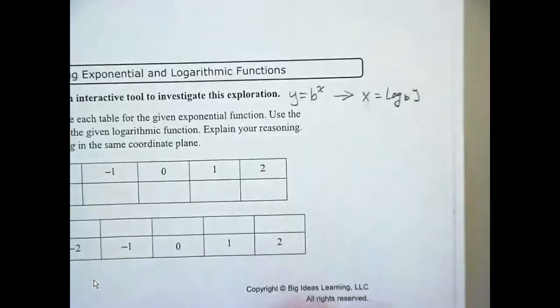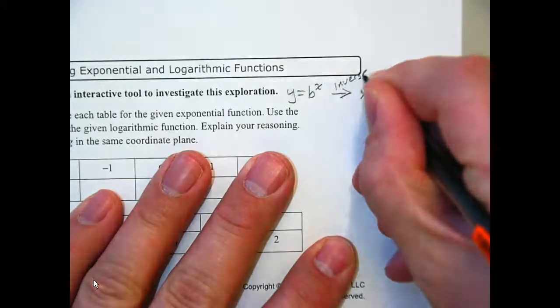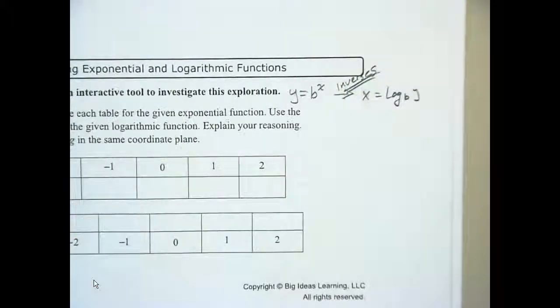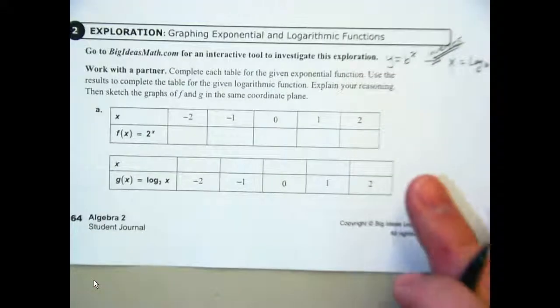What do you know about inverses? Good. You switch the x's and y's. If something's an inverse, x and y values trade spots. Now use that information to help you fill out your tables.